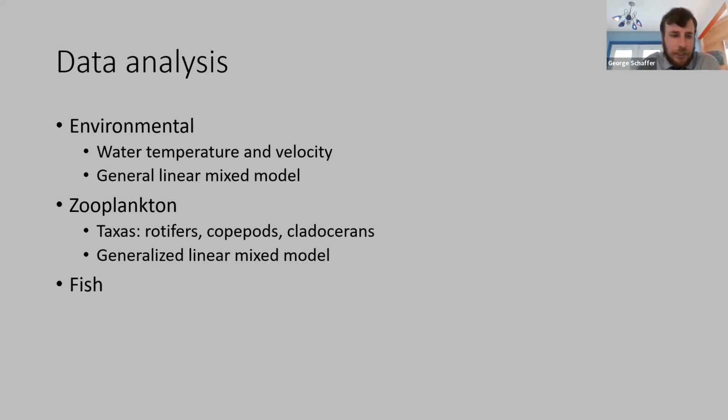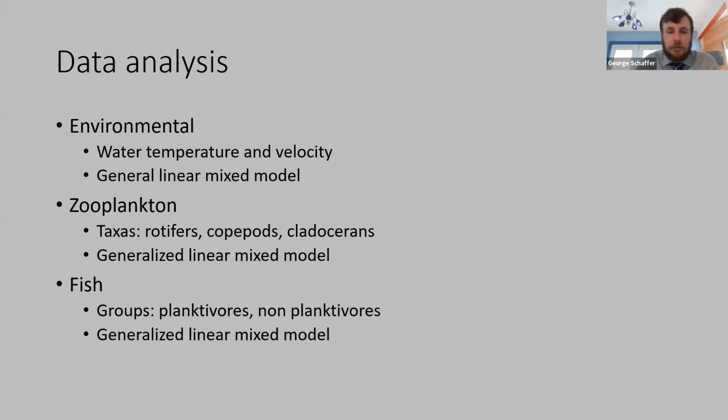For our fish densities, we had 2 groups: planktivorous, which were silver carp and bigmouth buffalo, and non-planktivorous, which would be river carpsuckers, other suckers, catfish, and so on. We used a generalized linear mixed model for this, but we also employed a likelihood ratio test to assess if the interaction term was what was driving our models.